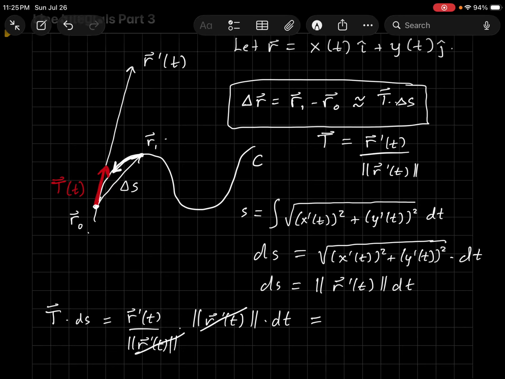So T ds is r prime times dt. And since dr/dt is just another way of writing r prime of t, we see that T ds is indeed the displacement dr.